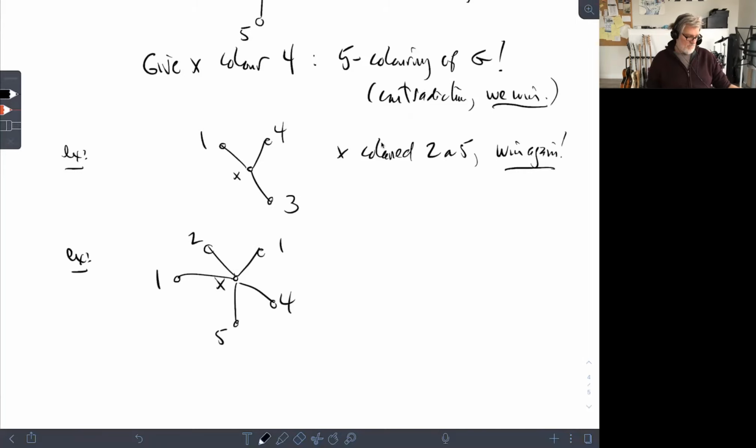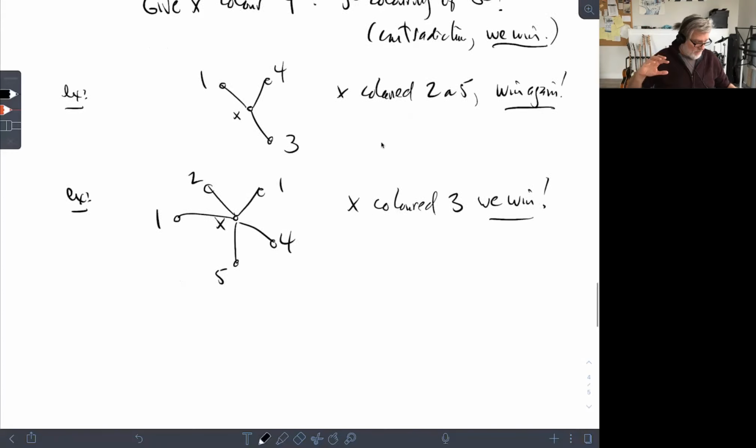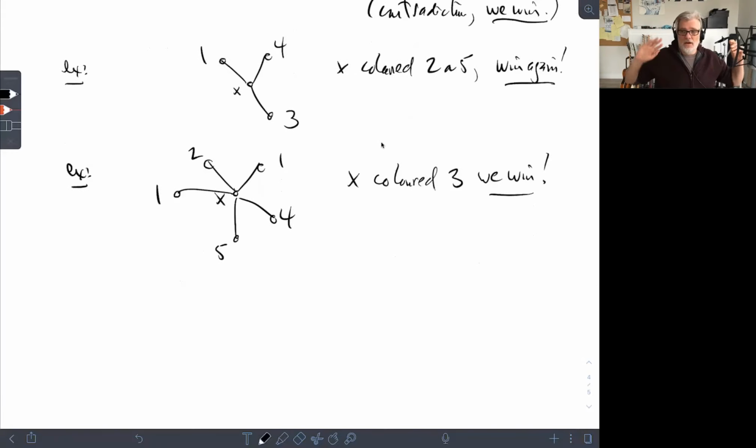X has 5 neighbors, and in the coloring of G prime, they get colors 1, 2, 1, 4, 5. Then X is colored by the remaining color, which is 3. We win again. So for sure, we win in all cases if X has fewer than 5 neighbors, or the 5 neighbors get fewer than 5 colors.